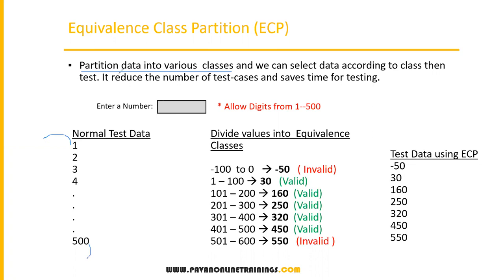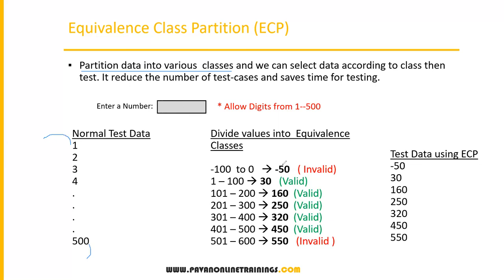So we have to divide the entire set of numbers into different classes, or we can partition them. So in ECP we divide values into equivalence classes. Let's say minus 100 to 0, these numbers fall under below 0. Let us take one number from this range, from minus 100 to 0, any one number. Let's say I have taken minus 50, and when I enter this value here, which is actually an invalid value, it should not be allowed.